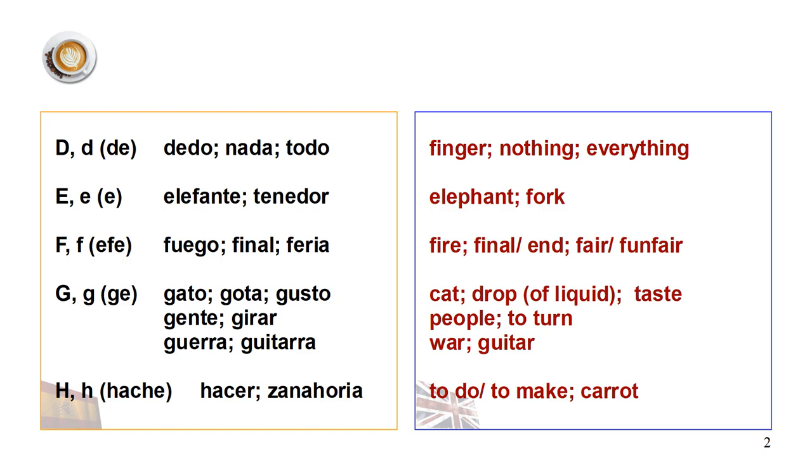The other pronunciation is stronger, like an H, and that pronunciation occurs when it is followed by E and I, as in the examples we have here: gente, people, girar, turn.